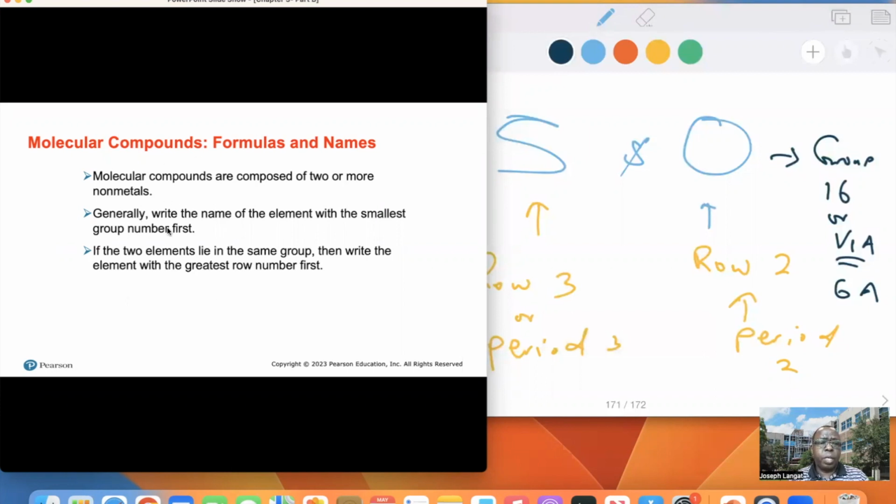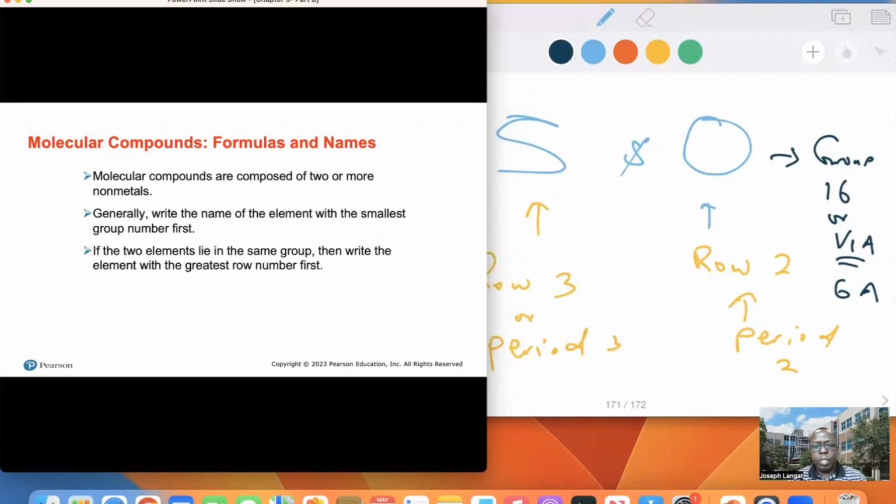On the slide you see here, this just summarizes the criteria by which you write the correct formula for molecular compounds. Please do not confuse it with the crossover rule.